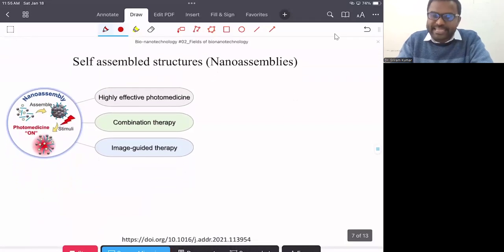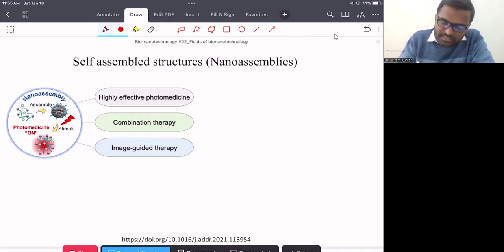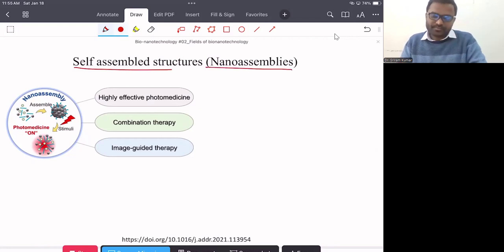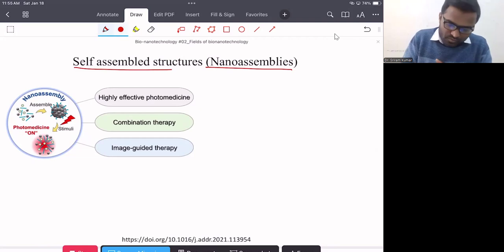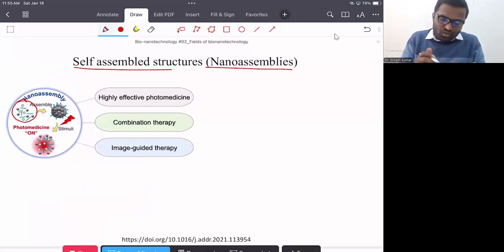Now let's understand the second kind of application of bionanotechnology, and that is the self-assembled structures, or nano assemblies. Here, nano assembly works like this: we have these components of the nano assemblies. The components self-assemble under particular conditions of pH or temperature. Based on that self-assembly, it forms an assembly.